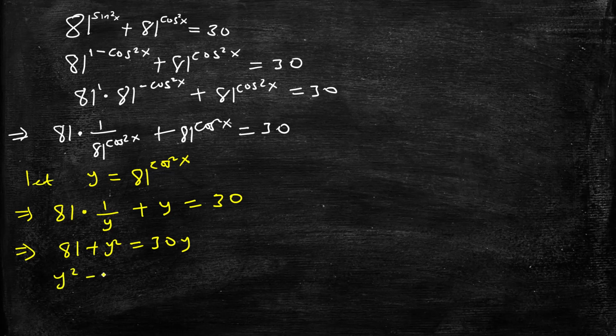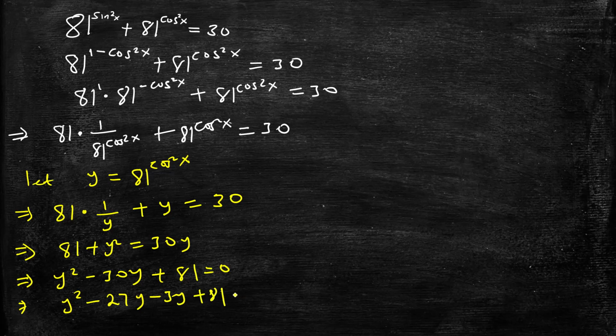Let's arrange it: y squared minus 30y plus 81 equals 0. So this one is a quadratic equation. Factorizing, we have y squared minus 27y minus 3y plus 81.